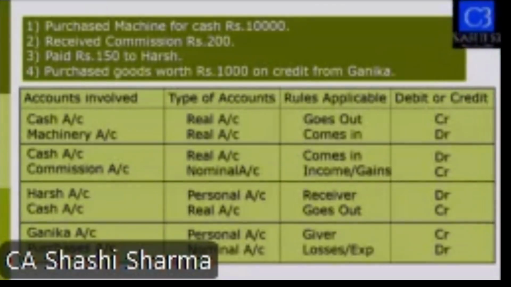So this was all about golden rules. We can analyze the transactions by using these golden rules and decide about the debit or credit. There are certain other rules also, known as modern rules.